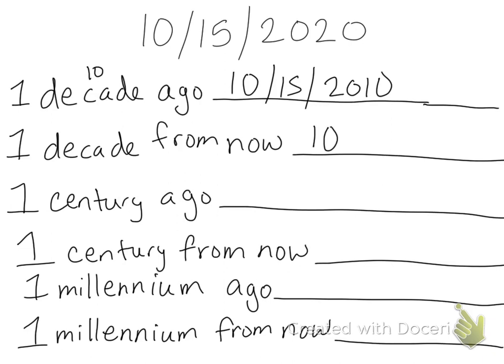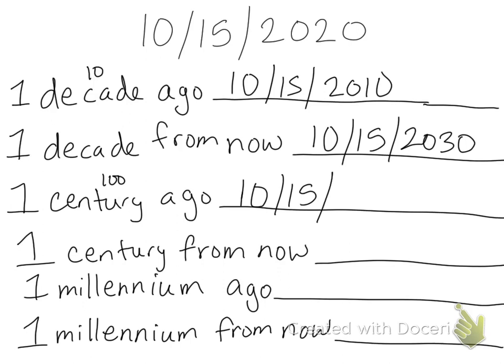Well, it'll be October 15th, 2030. What was it a century ago? Well, that's 100 years. So that would be October 15th, 1920. Okay, because 19 is 100 years before.